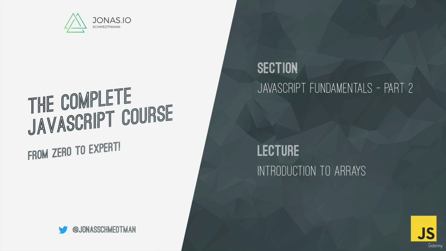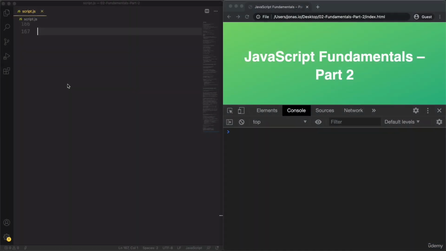Welcome back. Let's now talk about our first data structure, and that's going to be arrays. Let's say I wanted to store my friends' names in variables so that I could use them later in my program. With the knowledge that we have so far, this is how we would do it.